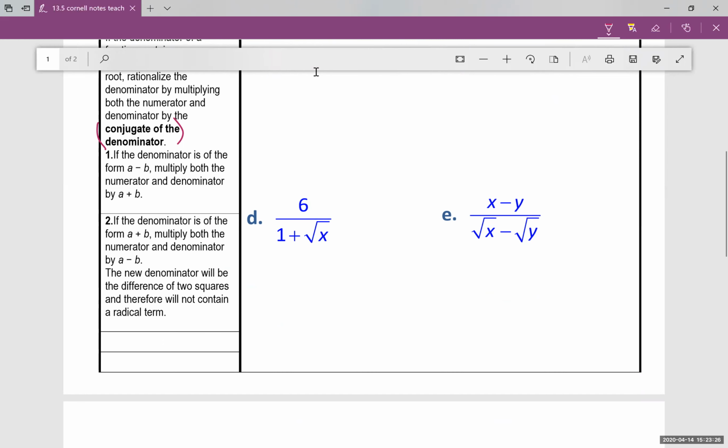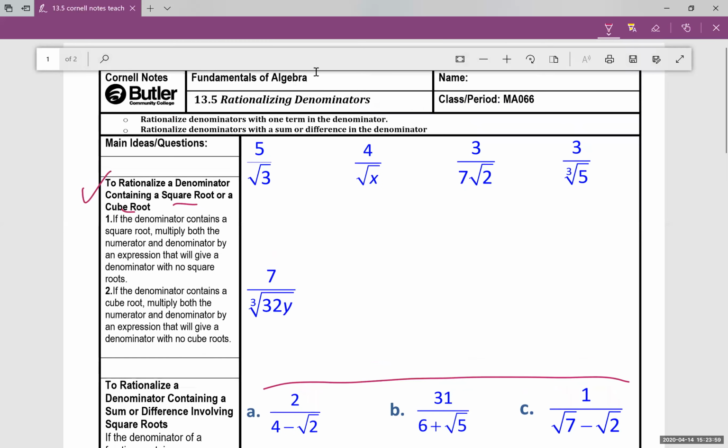If the denominator is 1 plus square root x, then we're going to multiply by the conjugate, which is simply 1 minus square root of x. And what's special about that is it's not only going to get rid of the middle terms, but it's also going to get rid of the radical expression. Kind of hard to explain until you see it, so let's just jump in.